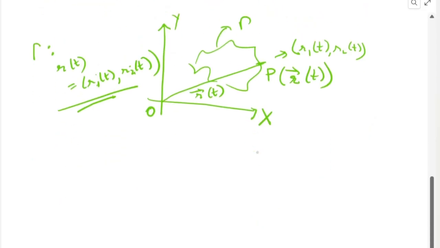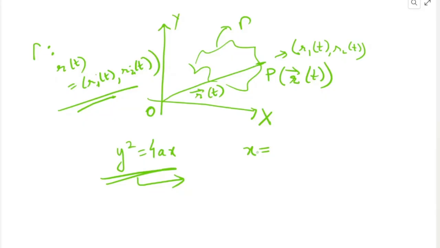For example, for the parabola y square equals 4ax, how can you parameterize it, or write it in the form of a parametric equation? See, if you take x equals t square, let me see what we can put here.